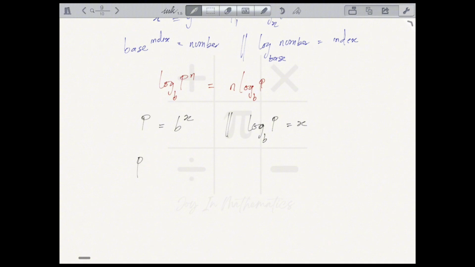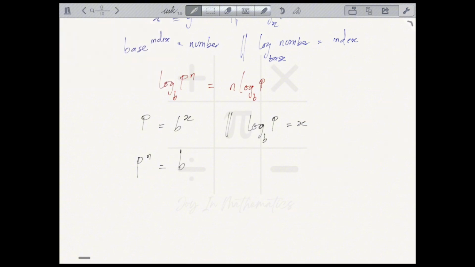Therefore, if you say p raised to the power of n, this brings us back to the power law of indices, where we say x raised to the power a, all raised to the power b. Now the powers a and b get multiplied, so this gives us x raised to the power of ab. This is just indices.